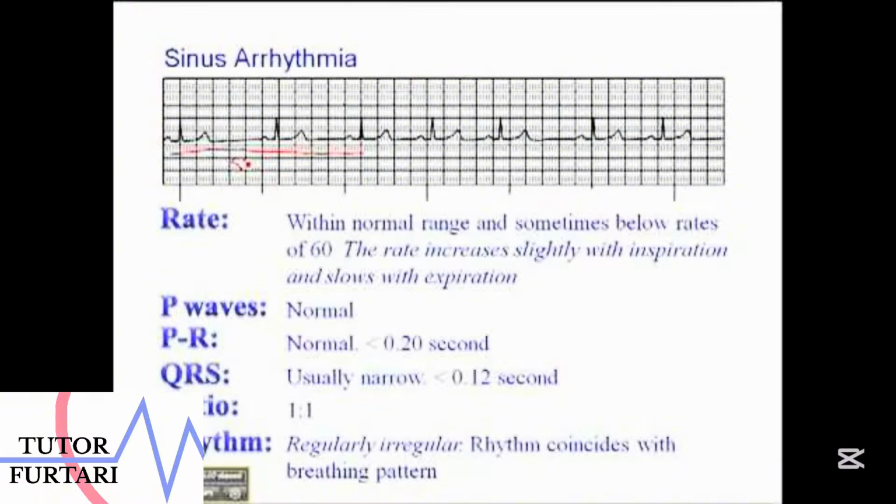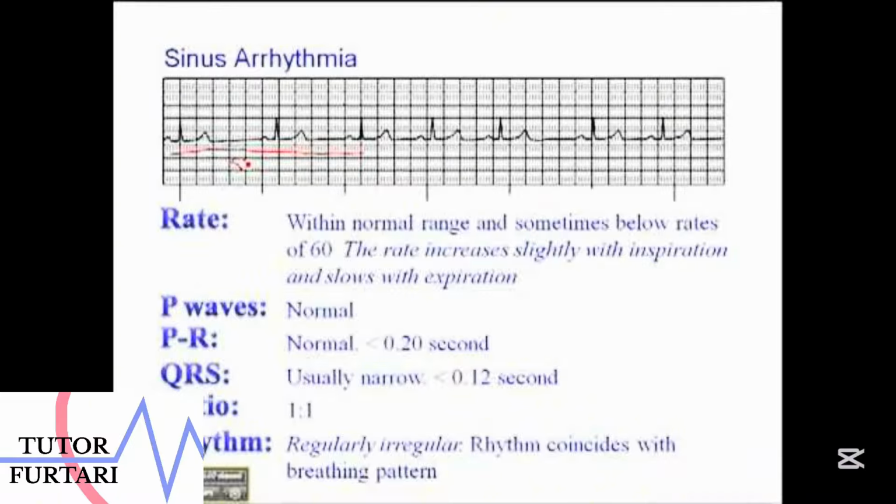QRS is narrow, less than 0.12 seconds, and it has a regularly irregular rhythm. The contributing factor is the breathing pattern when you inhale and exhale. So its irregularity is regular.